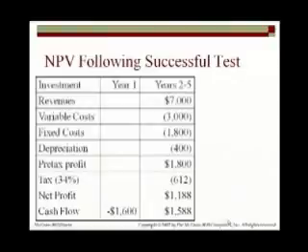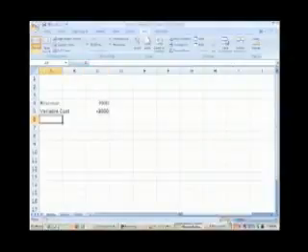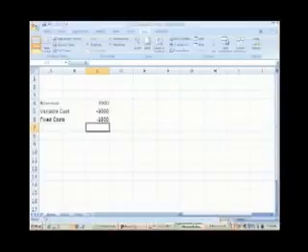Next are the fixed costs, and we don't have to worry about building a formula since they never change. They're by definition fixed. I believe that was 1.8 billion. So next we have depreciation.